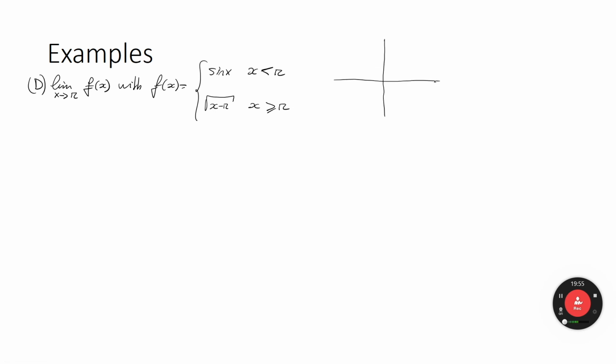It's an odd looking function, but we can try to graph it. The value pi is here, and for x less than pi we have a nice sine curve. In particular, it looks a bit like this, and then so on. And then for x bigger than pi, we have square root of x minus pi, and that looks a bit like this.